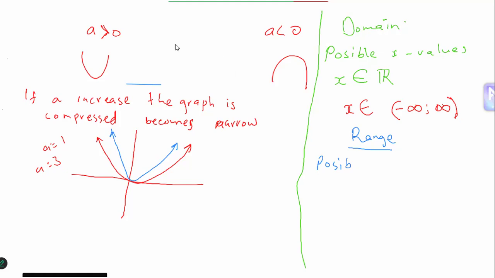All right, so the domain, let's talk about that. Now we said the range is the possible y values.